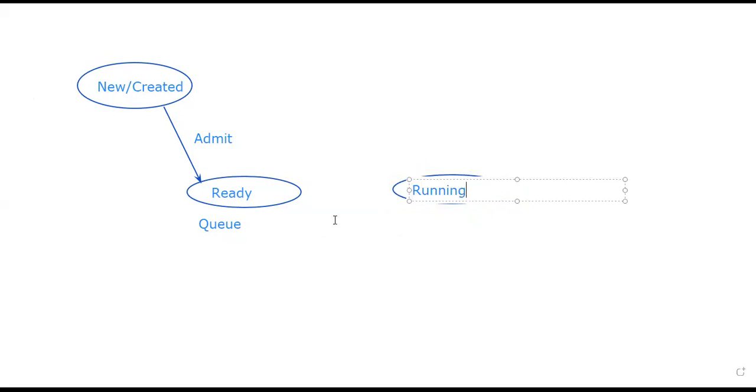The process where it will come from the ready to the running is called dispatch. In the ready state, there are many processes in the queue. So which process needs to go to the running state? It will be decided by the operating system, whether it is based on priority or maybe based on first come first serve, like that. We'll be studying these things in scheduling.